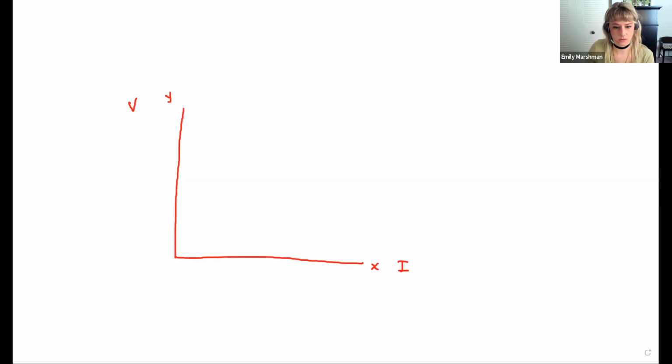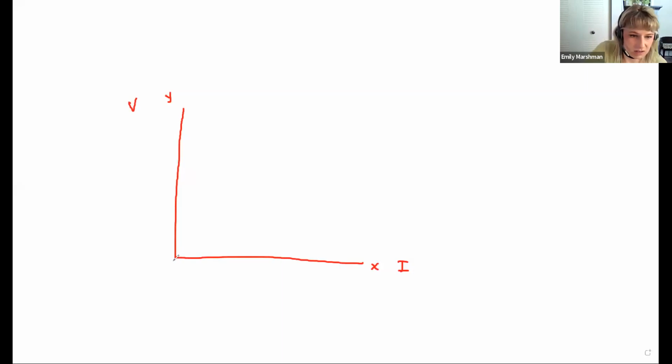If you make this, maybe units of 1 volt here, 2 volts, 3 volts, 4 volts, 5, all the way up to 10 maybe. 0.1 volts is going to be pretty much down here.